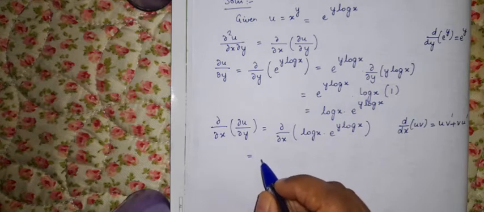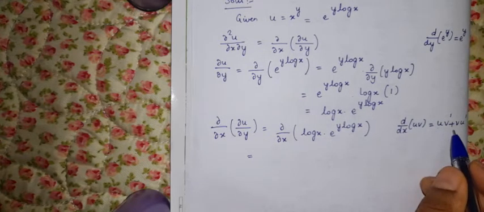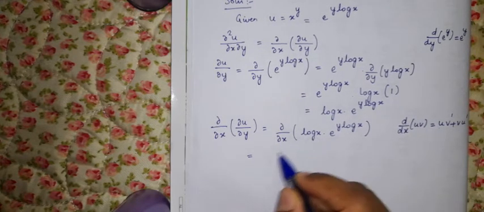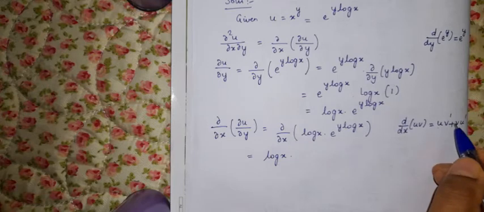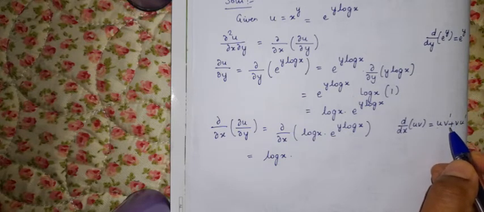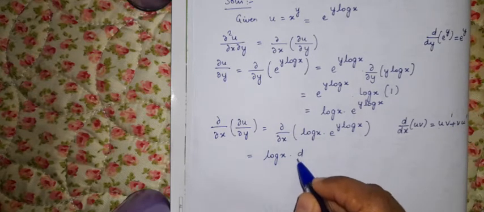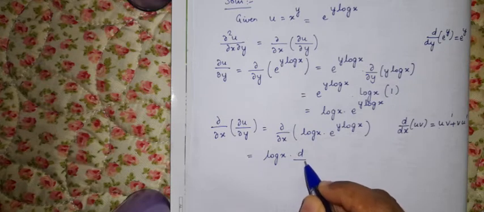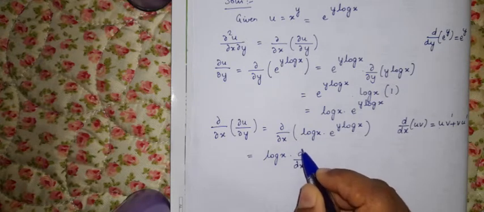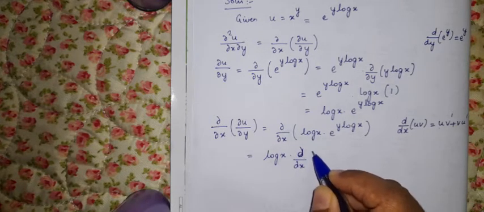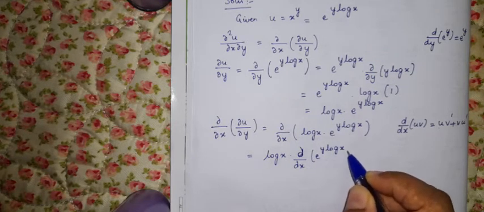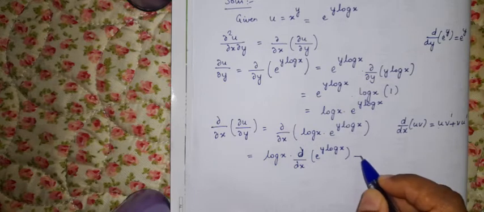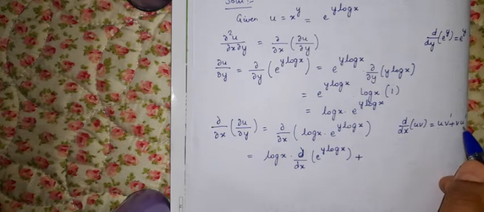So this can be written as u into v dash. Instead of u, we have log x. Instead of v dash, what is v dash? v dash is dv/dx. So you have to differentiate e^(y log x) with respect to x plus v into u dash.